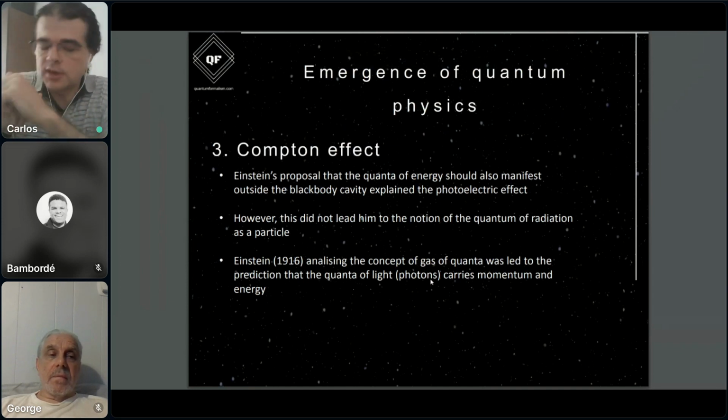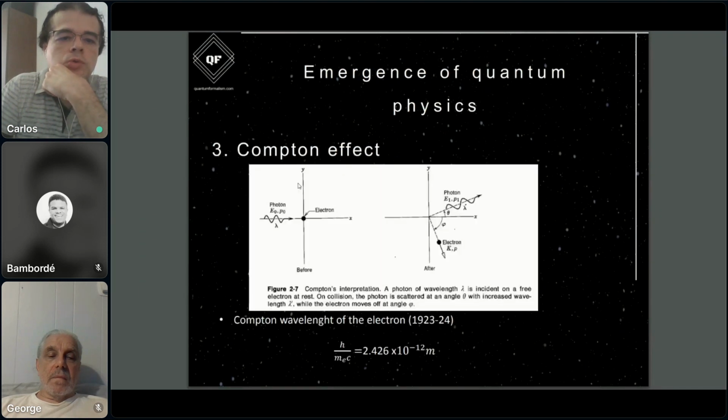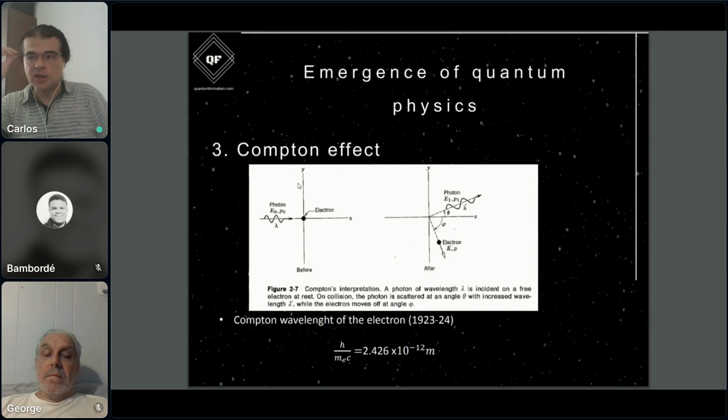That was when he proposed this, in about 1916, and there was an experiment done by Compton who showed this effect. I mean, basically, he showed that the photon, or the light, could behave like a ball.